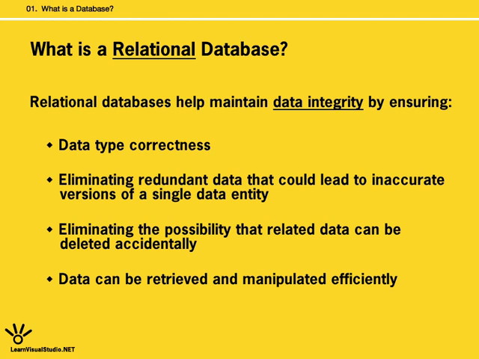So by enforcing strong data types, it makes the data instantly more correct and therefore helps maintain the integrity of the data. But then also by storing a data entity in just one place, in one record, you can eliminate the possibility of having multiple versions of the same data in your database, therefore improving the integrity of the data by reducing the possibility that one of the versions of the data is incorrect.